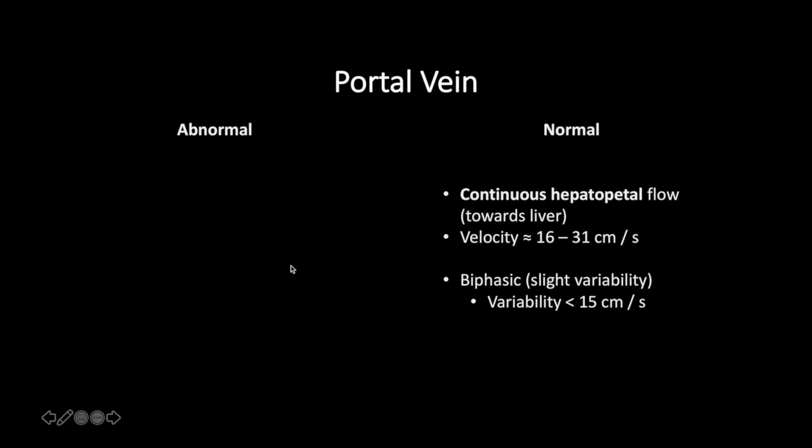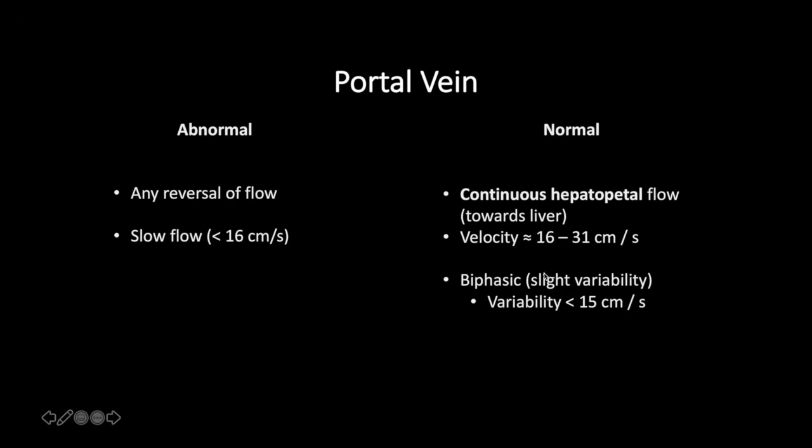Well, we said that normal flow in a portal vein is always hepatopedal or always towards the liver. Well, any reversal of flow, any flow in the opposite direction, is considered abnormal. We also said that the velocity is generally about 15 to 30 centimeters per second. So slow flow is also abnormal, and that's flow that's less than about 15 or 16 centimeters per second.